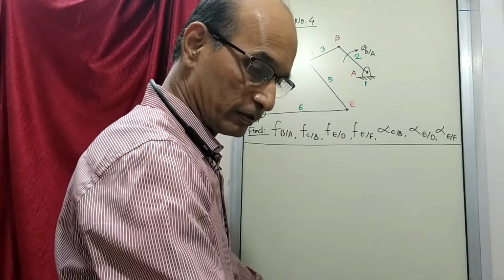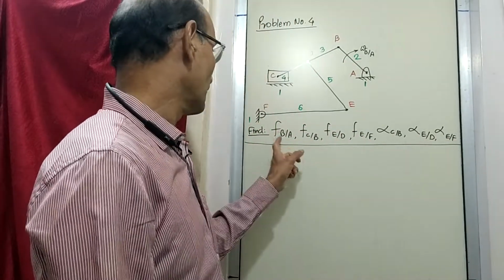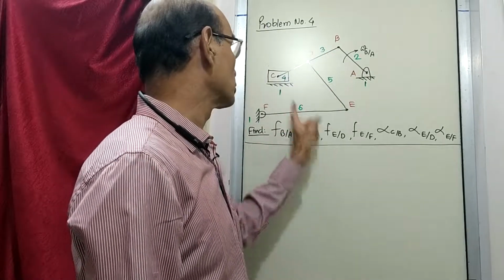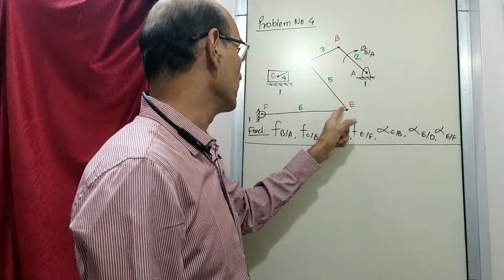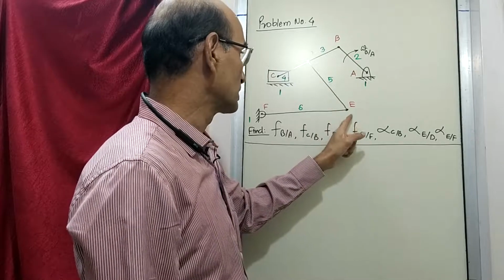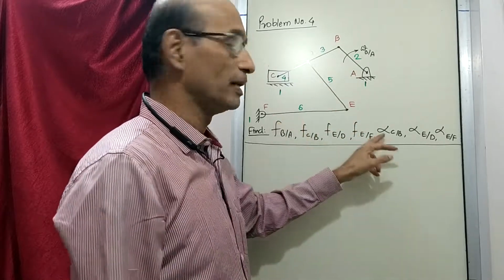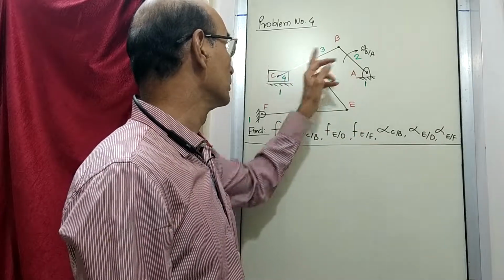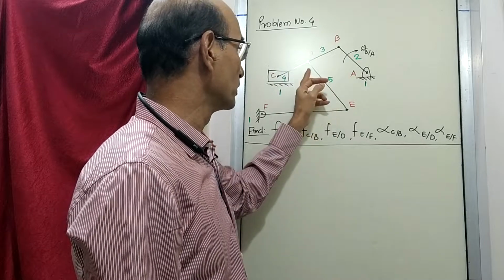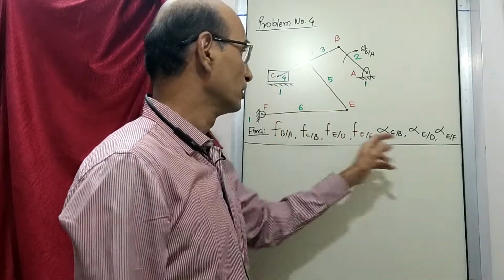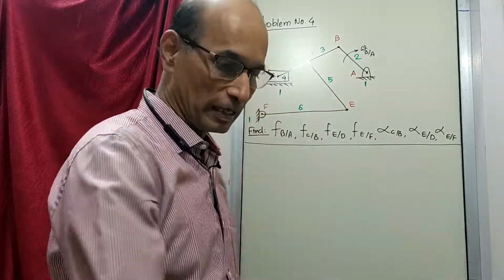So these are the different things that are asked. Acceleration of B with respect to A, acceleration of C with respect to B, acceleration of E with respect to D, then acceleration of E with respect to F, and then the angular acceleration of C with respect to B, E with respect to D, and A with respect to F. They are the different terms that are asked.